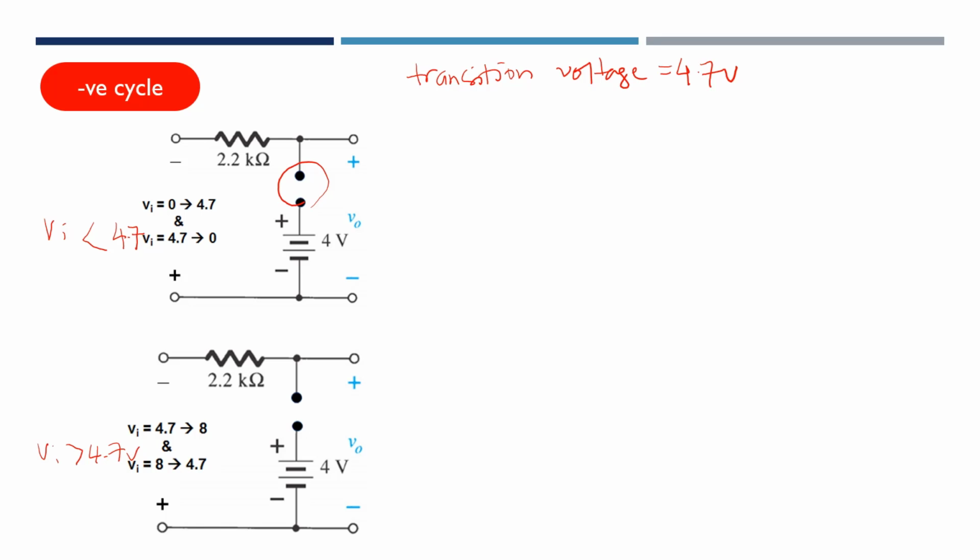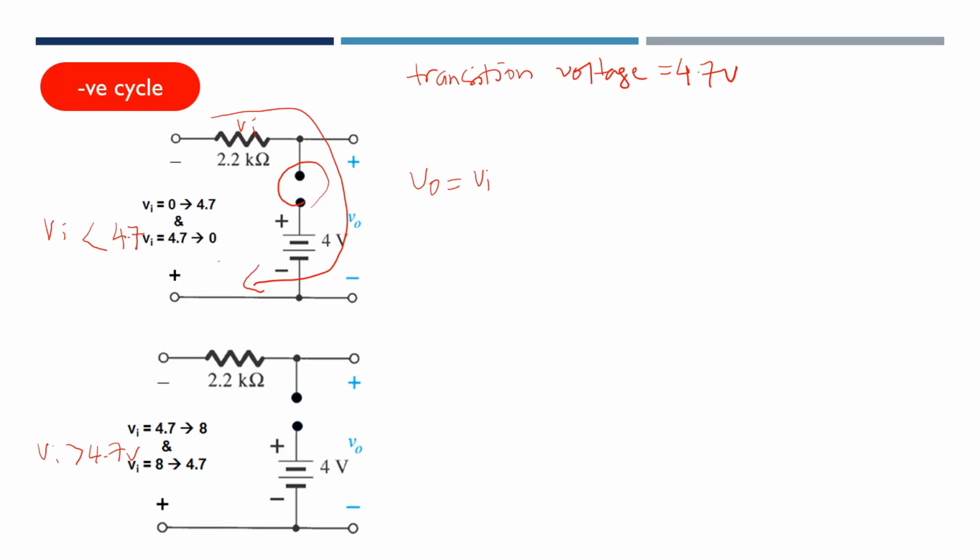Let's look at the first condition. VI is less than 4.7, and we know that V out is in parallel with the VI. So V out is equal to VI, or if you use KVL, you can also get it from the outer loop. The voltage across this resistor is equal to the VI.